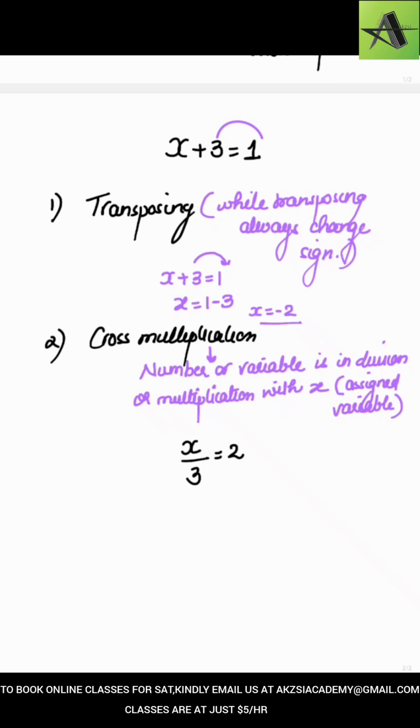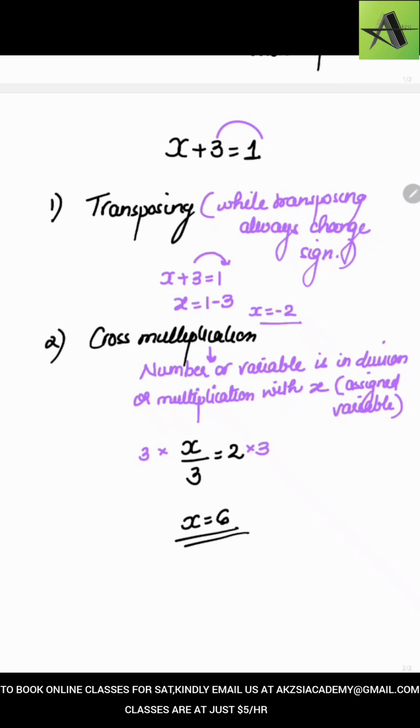That means if 3 is in division with x, we have to multiply 3 to both the sides. So that's one way. So I'm just multiplying 3 to both the sides. So I will get x equals, this will be cancelled out, remaining equals 6. That's how you can solve.